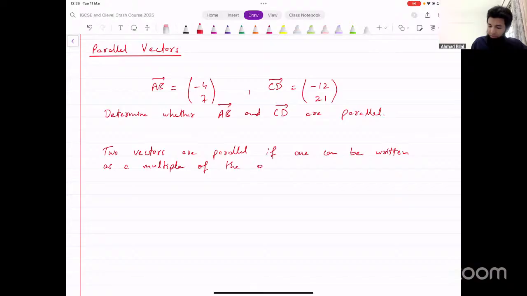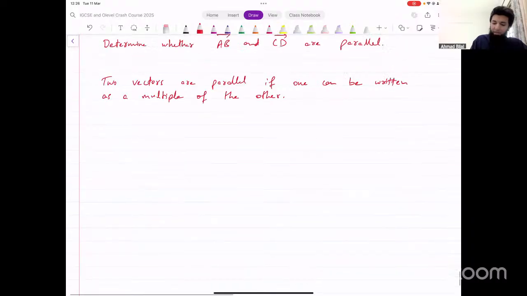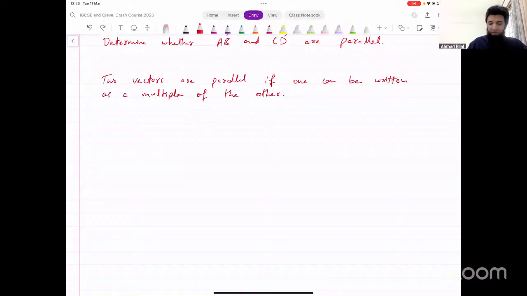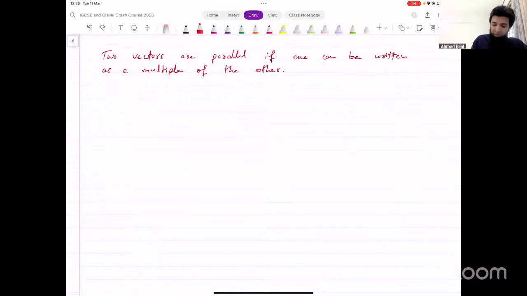For instance, if we have these two vectors, AB and CD, if they're parallel, we should be able to write them in this form. AB can be written as some constant, let's say K times CD, or the other way around, CD is equal to K times AB.